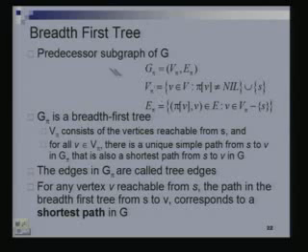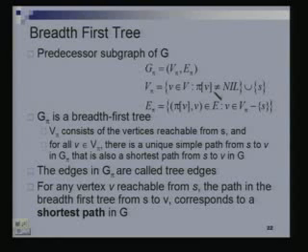Let me consider the following subgraph of the graph G. The set of vertices are all the vertices which are reachable from S, all those vertices which have a pi of V which is not null. And S was given a pi of V which was null. Pi is also known as the predecessor.